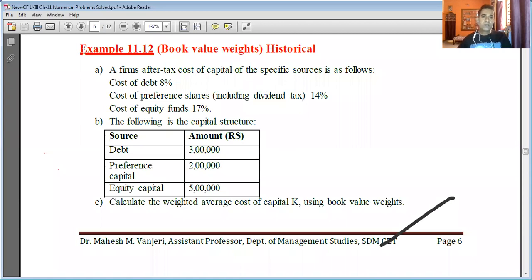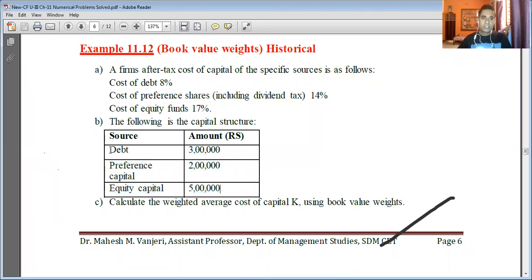In example 11.12, they say the following is the capital structure. This is the existing capital structure of the firm, where total capital is 10 lakh. If I total this, 3 plus 2 is 5, 5 plus 5 is 10 lakhs.